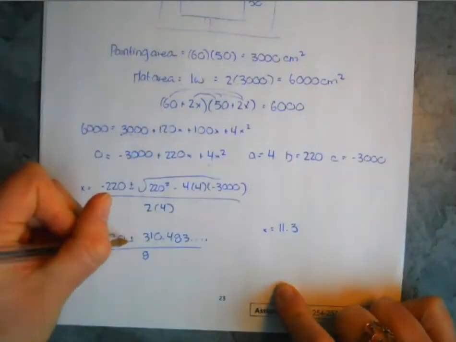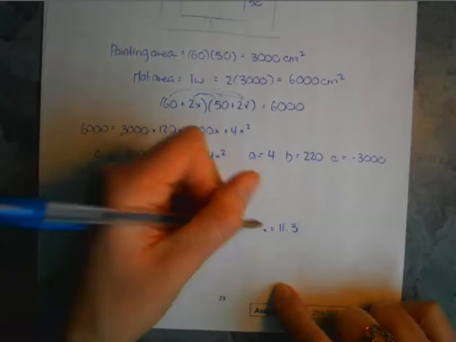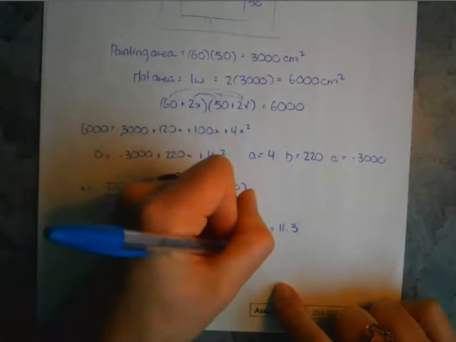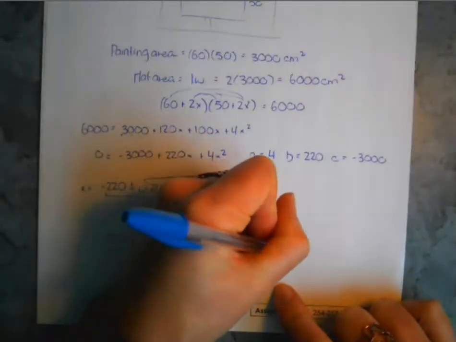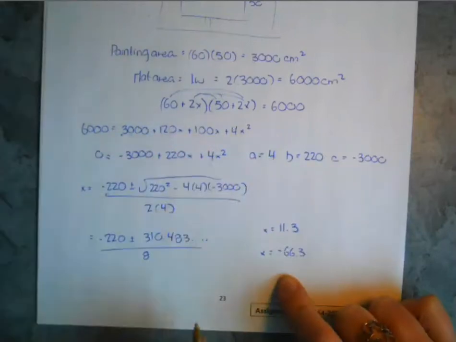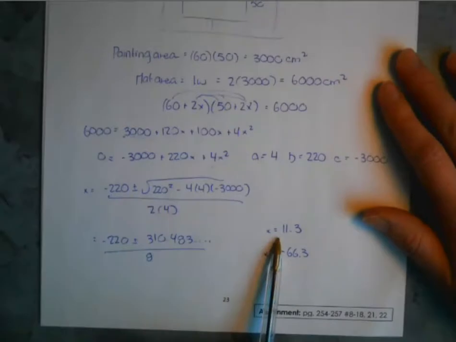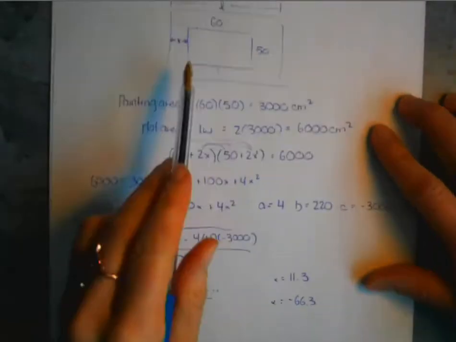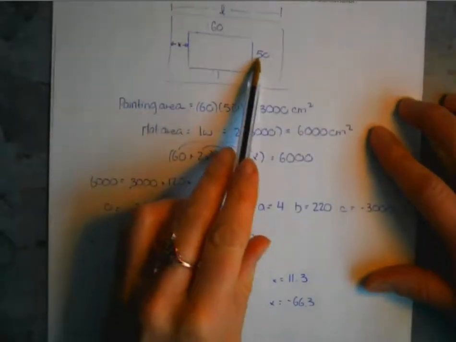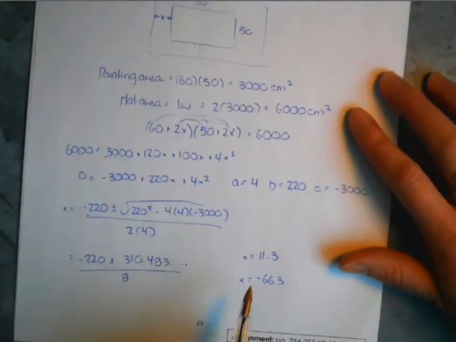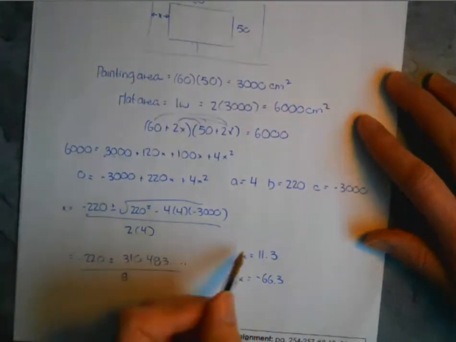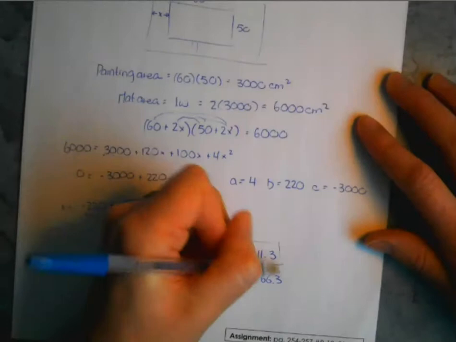If we do negative 220 minus 310 and divide by 8, we end up with x equals negative 66.3. Now the important thing here at the end is always to pick which one makes sense. Would it make sense to have a negative value as our x value? No, and so we want to choose the positive value, x equals 11.3.